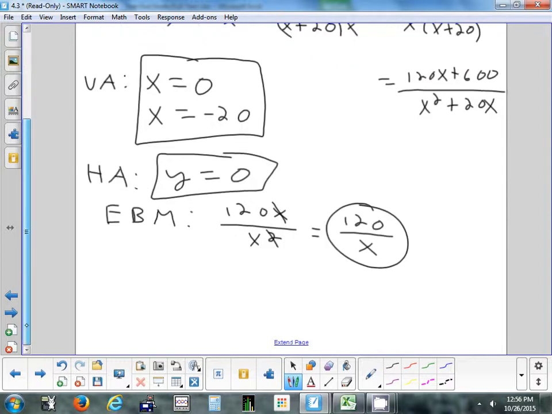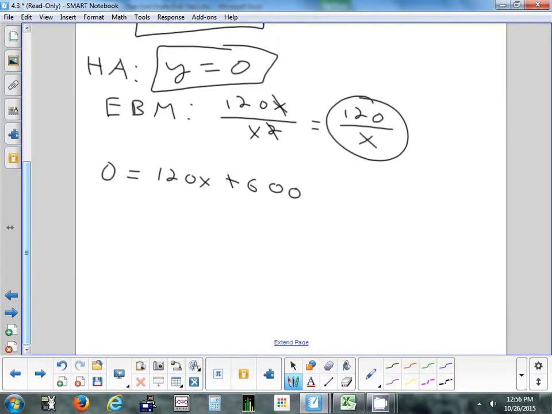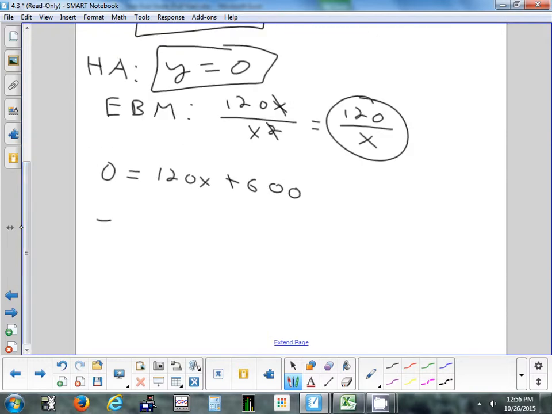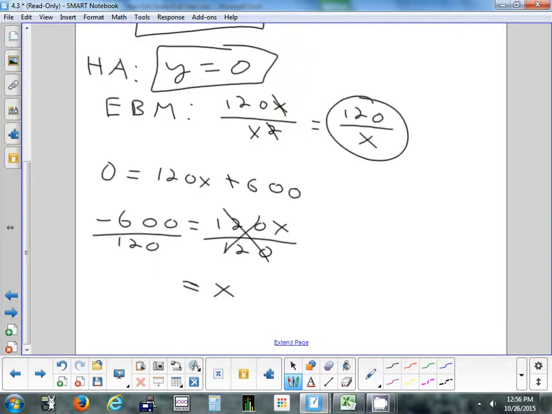So we get 0 equals 120x plus 600. Okay. Bring the 600 to the other side. And last step, divide by 120. Okay, what's x?